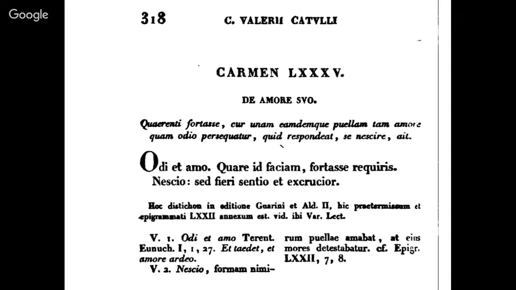And this can be confirmed by another poem of Catullus, poem number 72. So we see here that the scholar who was annotating Catullus' poem tells us different things that he knows about the poem: what it is about, or what he thinks it is about, where other Roman writers thought of similar things, and where Catullus himself expressed similar thoughts. So the scholarly edition tells us what we know about a text.